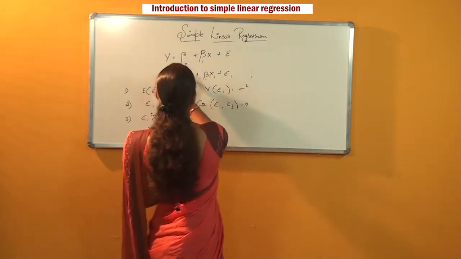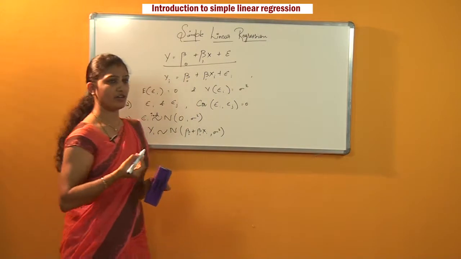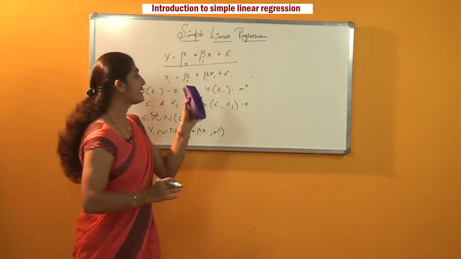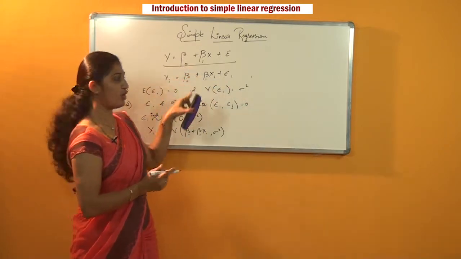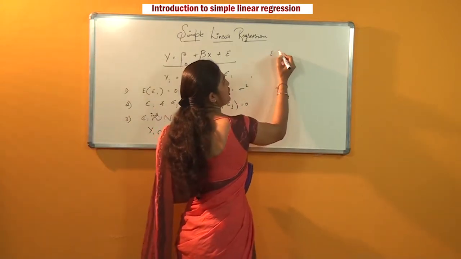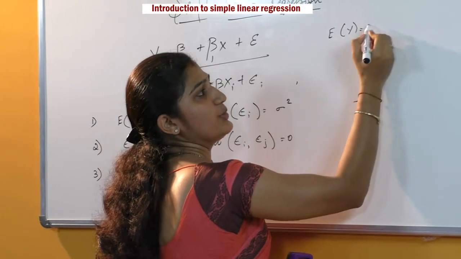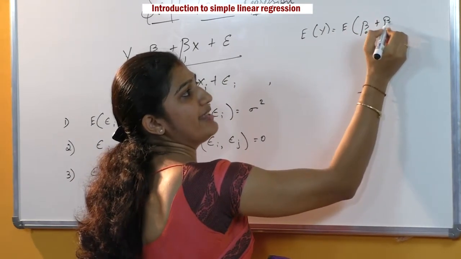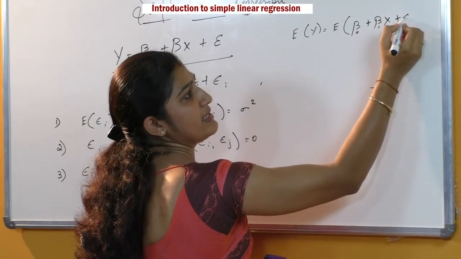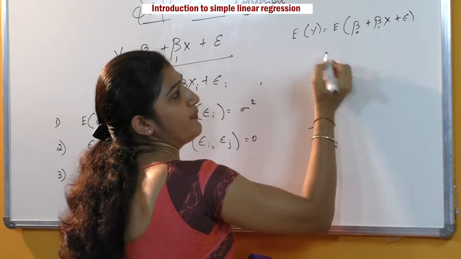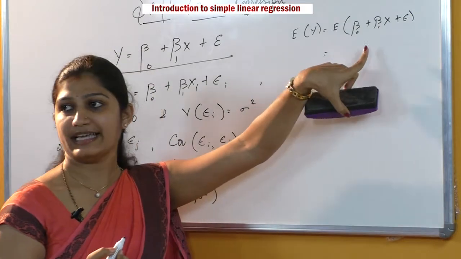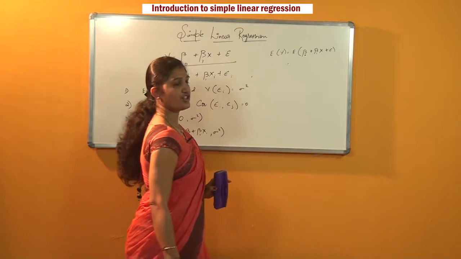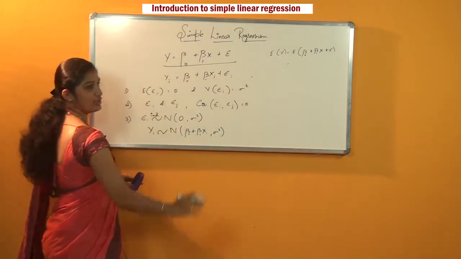consider the model y = beta naught + beta 1 x + epsilon. Taking expectation of this model, we get expectation of y equal to expectation of beta naught + beta 1 x + epsilon. I have told x is a non-random variable and we know expectation of epsilon is equal to 0.